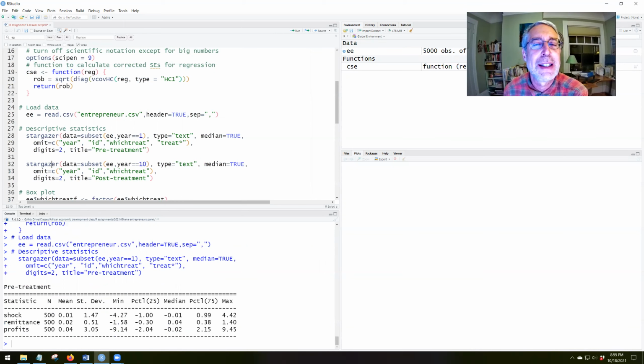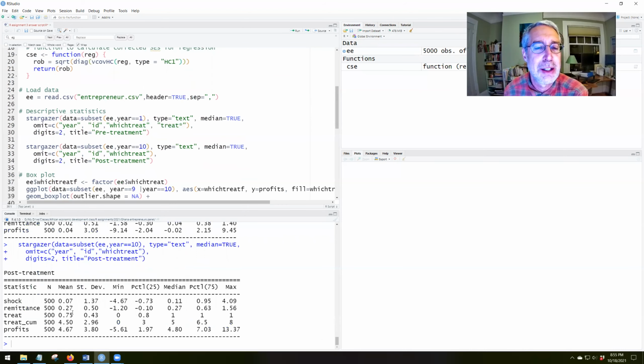Then for our next descriptive statistics table, we'll subset to just be year == 10, so the double equals sign. We'll omit the year, ID, and the which treatment variable, and we'll run this. And now we see treatment 3/4, 0.75 of those in the sample, the 500 people in the sample. 3/4 of them are treated.